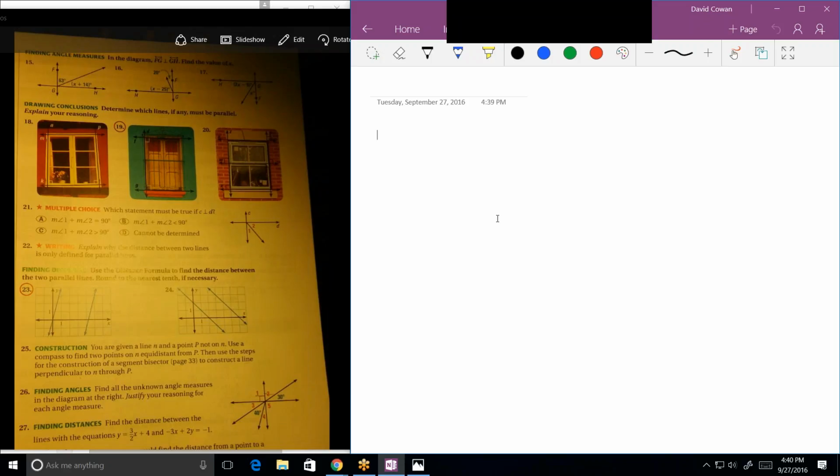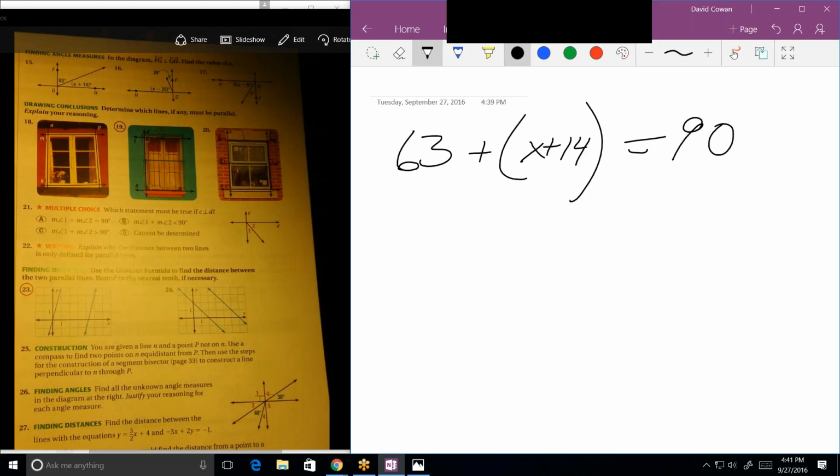So give me an equation. 63 plus 14 plus x equals 90 degrees. When you solve that, you combine like terms and get x plus 77, so x has to be 13 degrees.